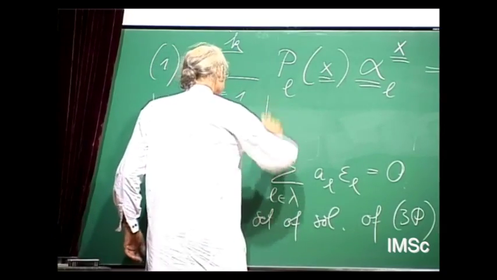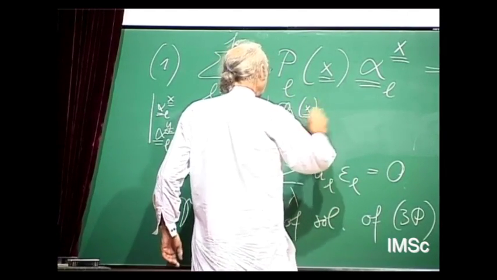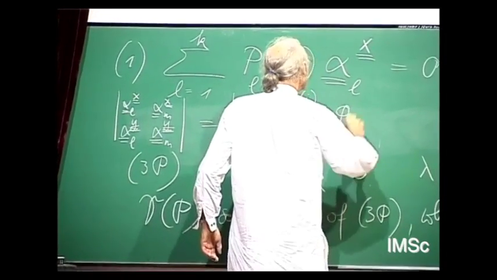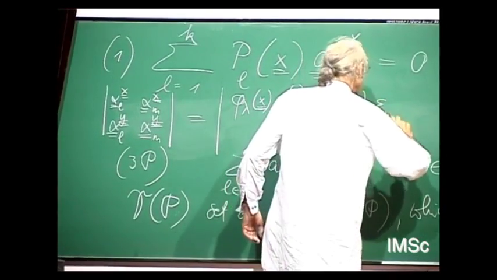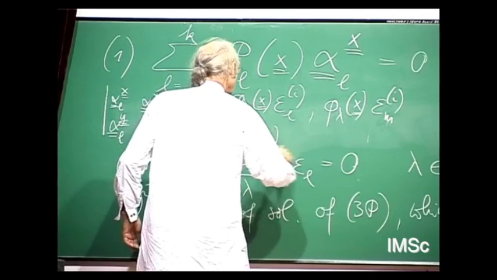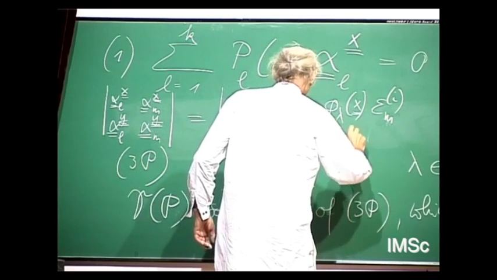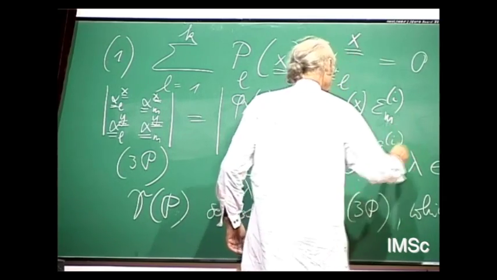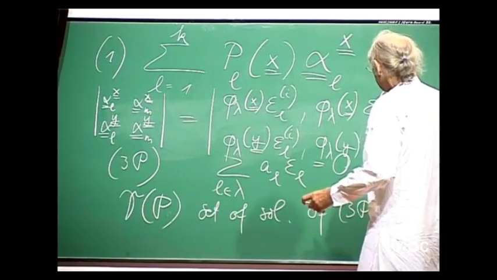So, okay, this is going to be equal to phi lambda of x epsilon L super I, phi lambda of x epsilon M super I, phi lambda of y epsilon L super I, phi lambda of y epsilon M super I. Okay, what do we get?